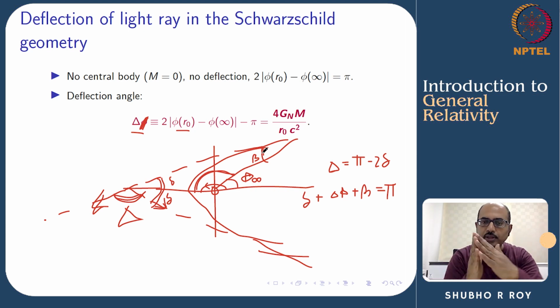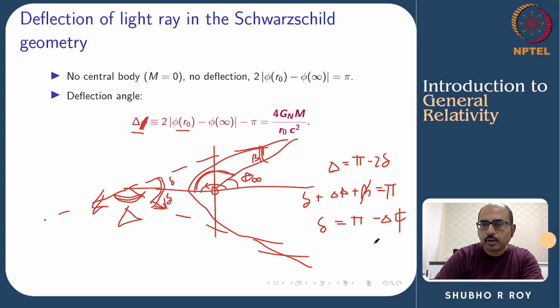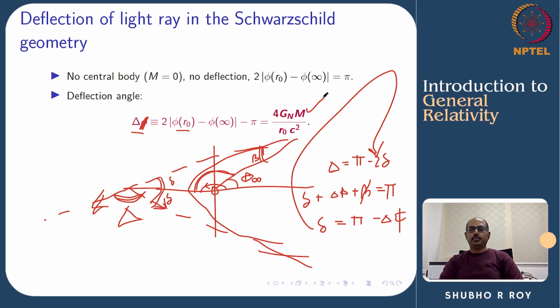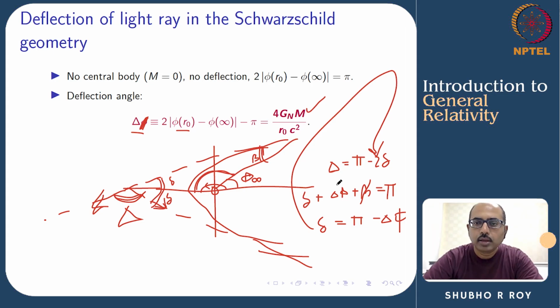The angle gets squeezed as you go further and further away. In the limiting case, when you go all the way to infinity, beta is actually 0. So then delta is nothing but pi minus this. If you plug this in here, you should get the deflection in terms of delta minus pi. This formula you should be able to get, and this one we already put in the last slide.